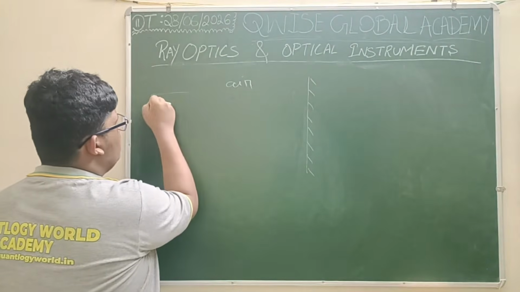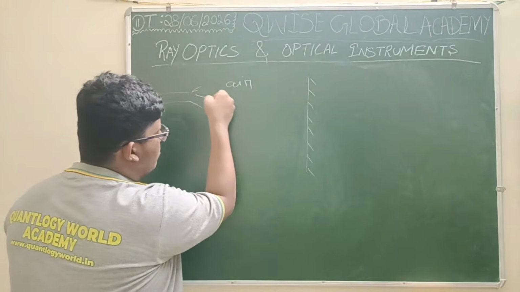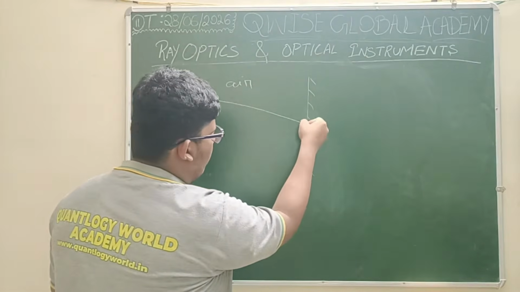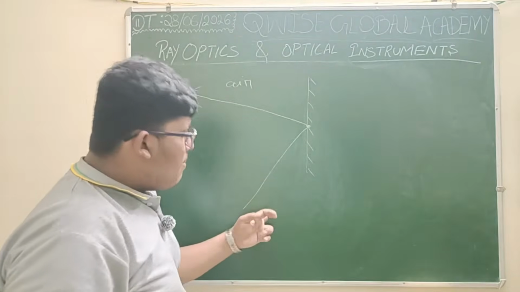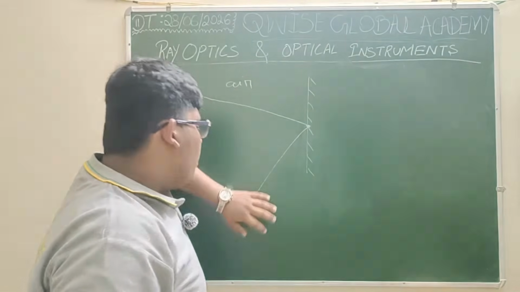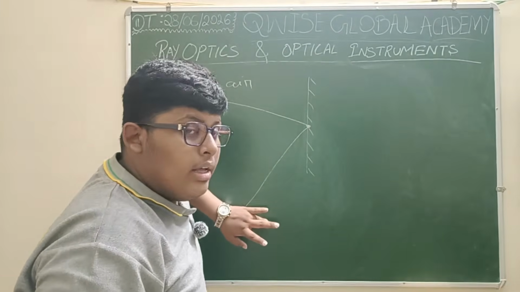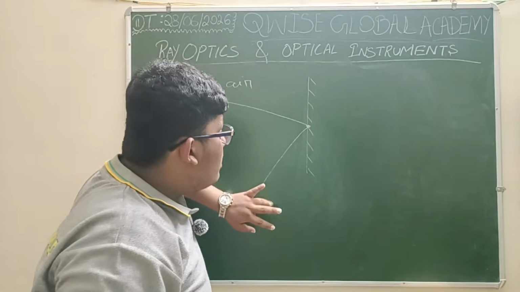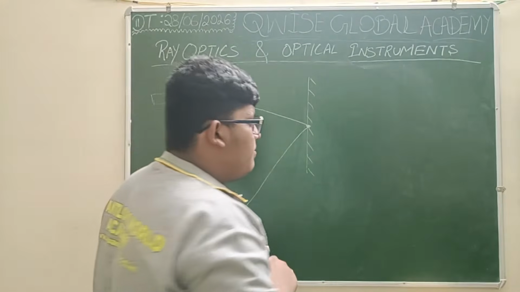Here is a torch. A light ray came from the torch, meets at the center, and reflects back in the same medium. This is called reflection of light. Again, the definition: the phenomenon of bouncing back of light in the same medium after striking a reflecting surface is called reflection of light.